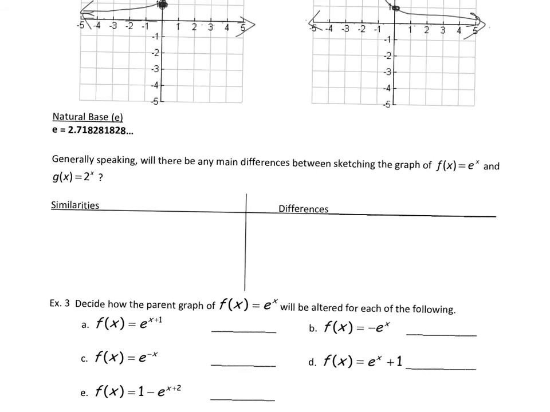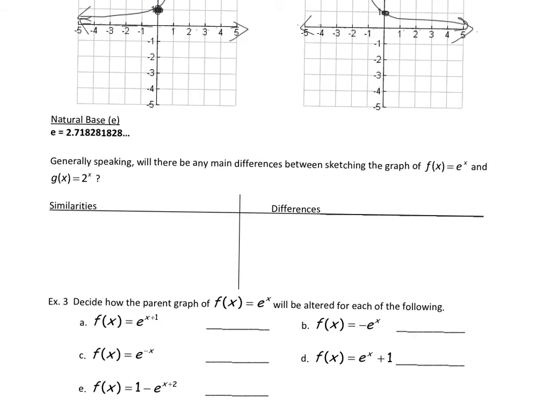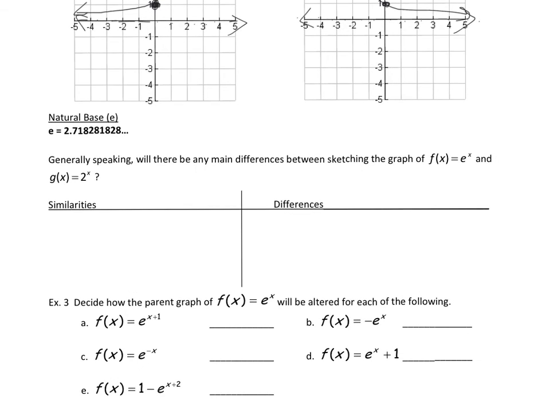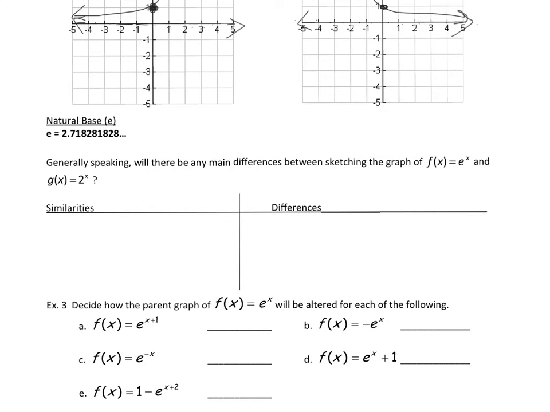Okay, so if we look at a graph of e to the x, you could just look at it on Desmos calculator or your TI-84 or whatever. You'll see that the graph of 2 to the x and e to the x look virtually the same. Same with 4 to the x and so on. Anything over 1, you're going to have exponential growth.